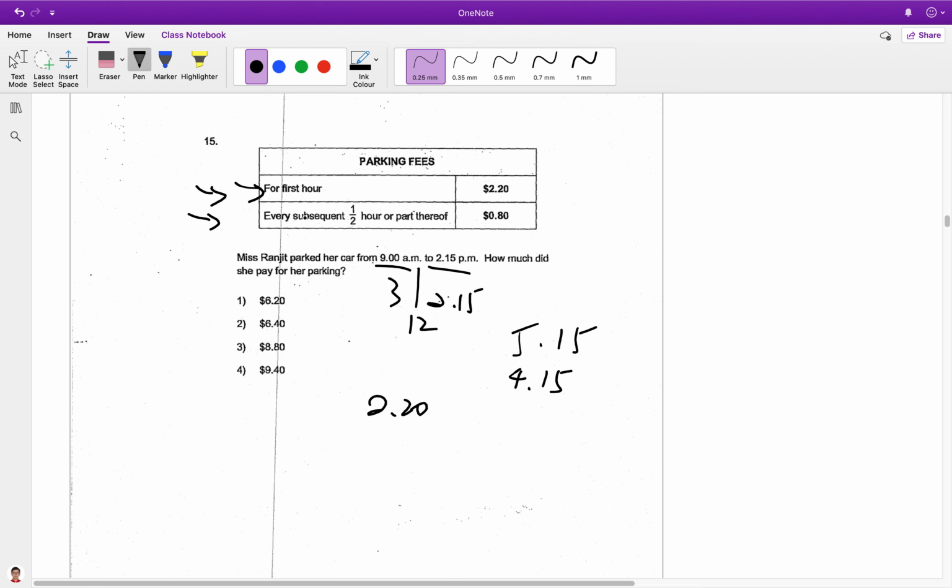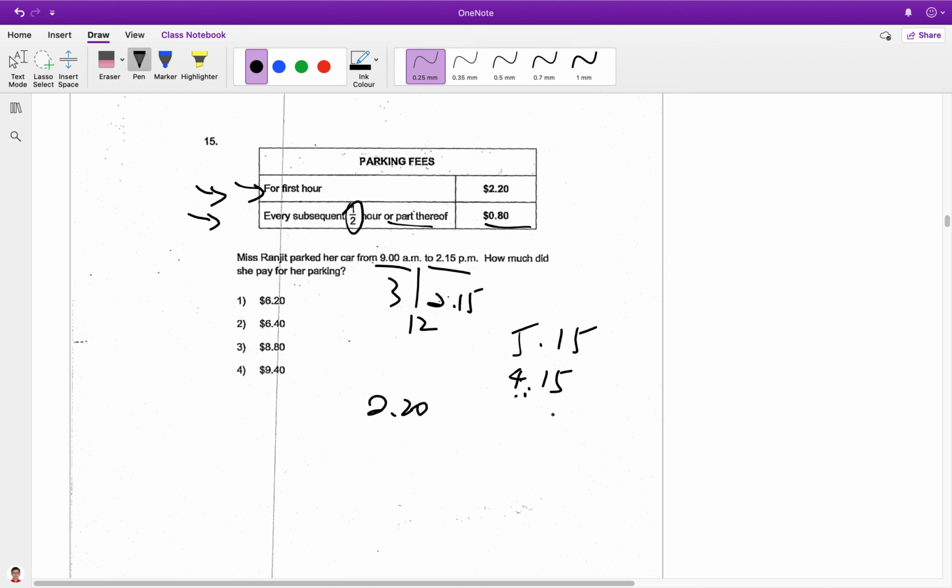Then it says every subsequent half hour or less is 80 cents. So we see how many there are. In 4 hours, there are at least 8 half hours. For 1 hour, there are 2 half hours, so 8 here.